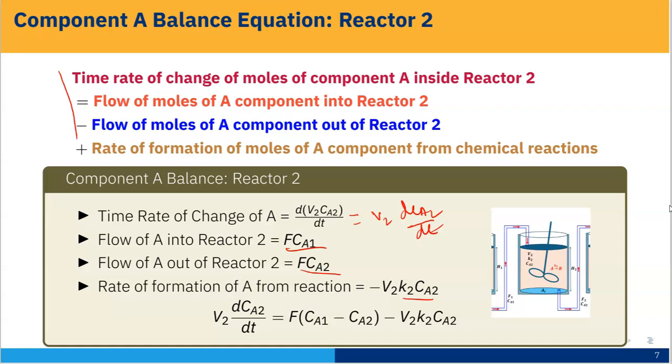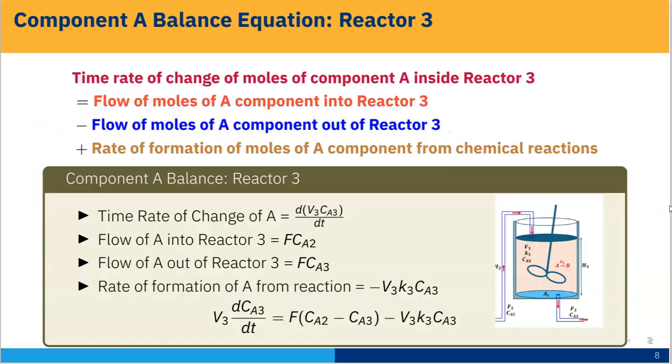This is again RA at reactor 2. So if we plug all this in, V2 dCA2/dt is equal to F (CA1 minus CA2) minus V2 K2 CA2.